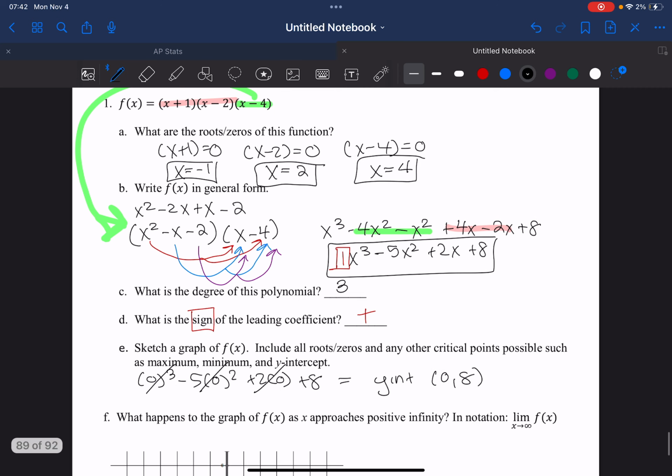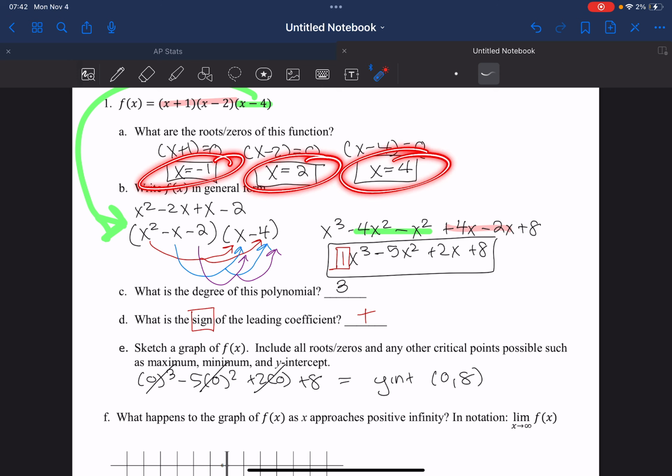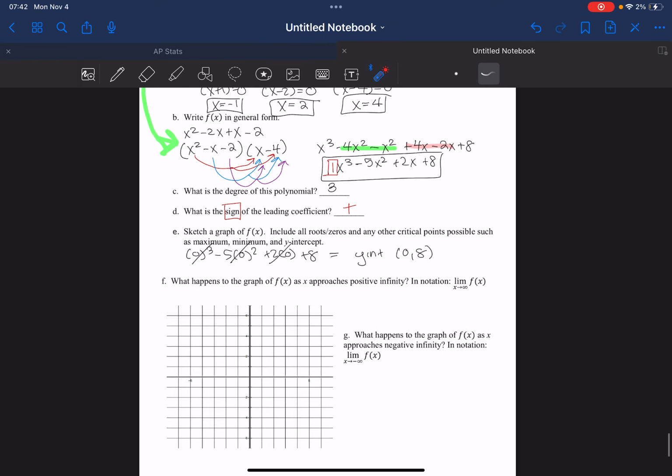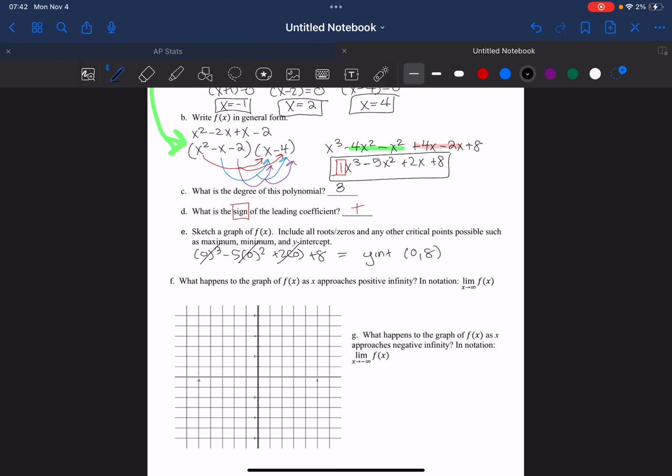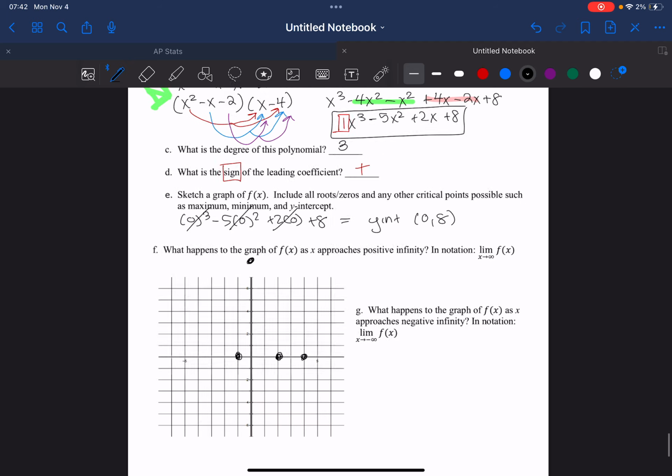So I'm going to be plotting the points negative 1, 2, 4, and 0, 8. So I have negative 1, 2, and 4, and 0, 8, which is a little off the graph up here. Okay, let me zoom back in now.